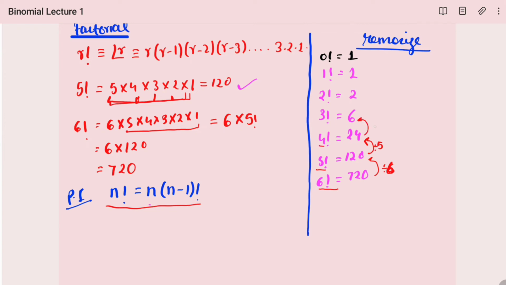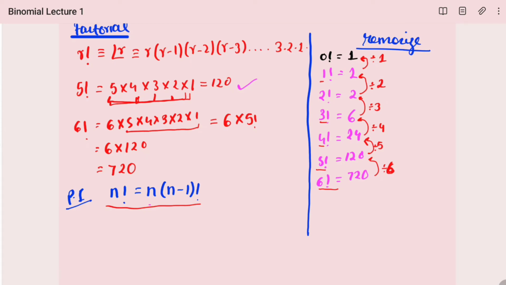Dividing 24 by 4, you are going to get 3 factorial. Dividing 6 by 3, you are going to get 2 factorial. Dividing 2 by 2, you are going to get 1 factorial, and dividing 1 by 1, you are going to get 1 again. So from here you can say that 0 factorial is 1.